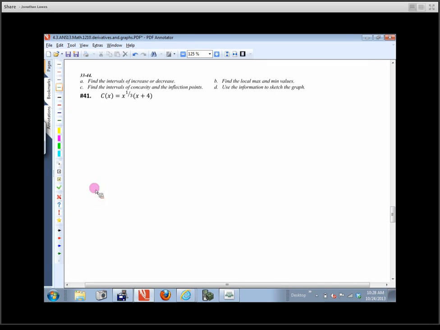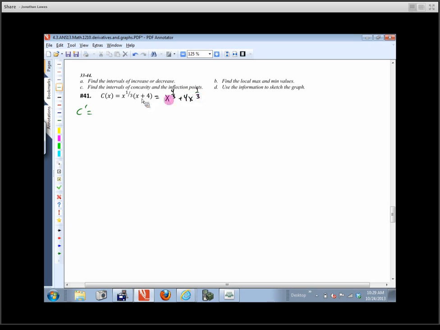If that's C, the first thing I'm going to want to do on this one is find C prime. Now, I really don't want to use the product rule on this, so let's rewrite this algebraically. Distribute through. This is going to be x to the 4/3 plus 4x to the 1/3.